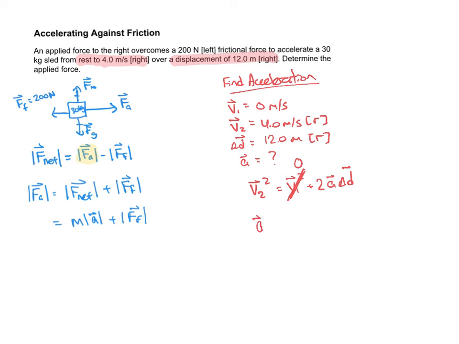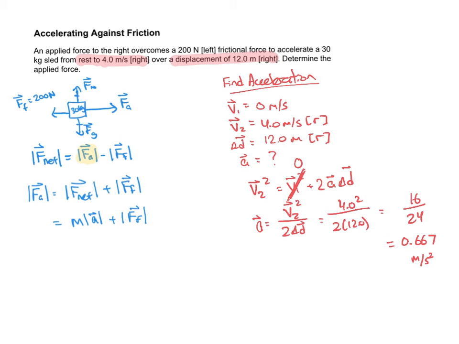So I think all I need to do is divide by 2 and divide by displacement. Fill in the values. So that would be 16 over 24. That's 2/3. So 0.667 is what I'll go with.